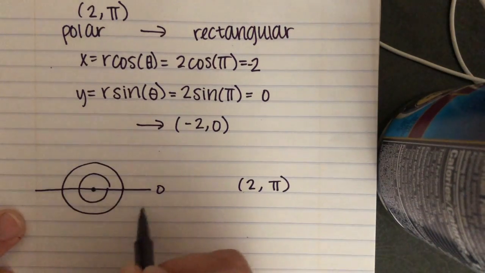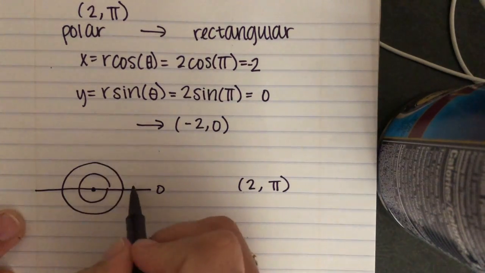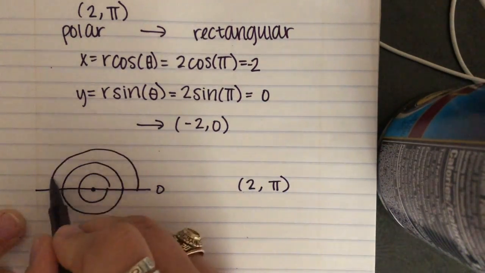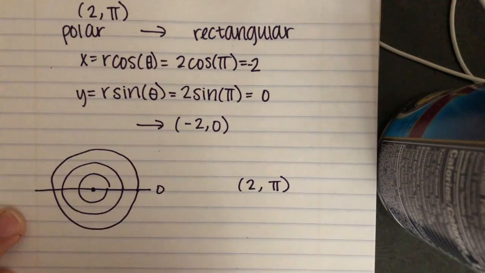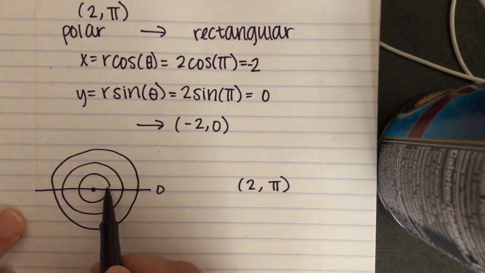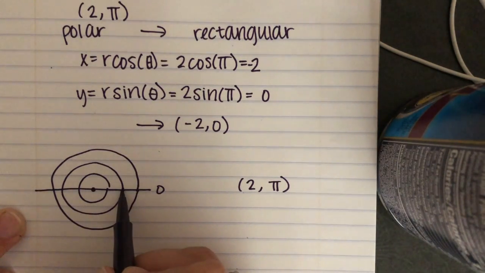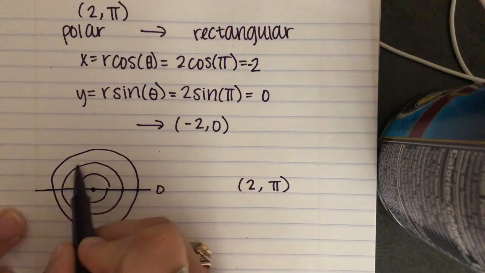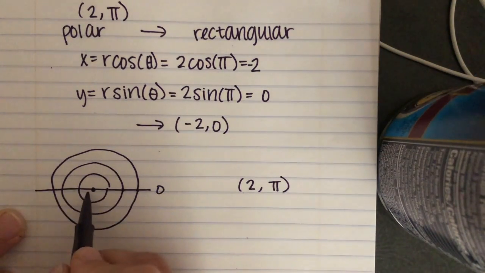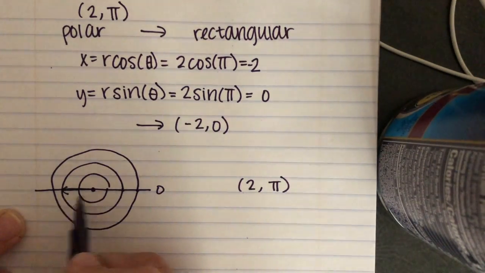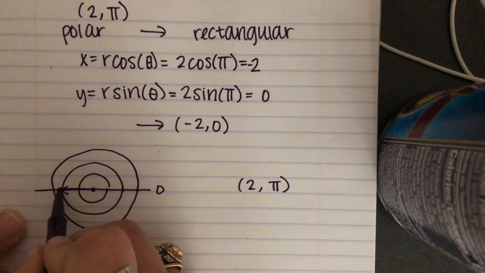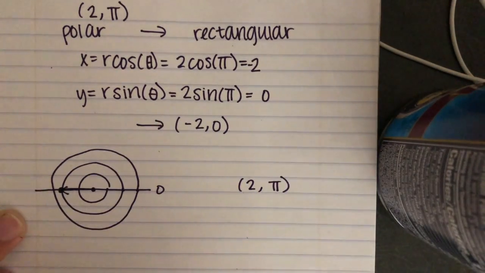But these circles continue on infinitely many as you want, so maybe let's go ahead and draw 3. So what I do is I go out 1, 2 in magnitude, and then I travel counterclockwise pi radians, which is right here. So I draw a little line, and then that point is going to be right here, and that would be my coordinate in polar form.